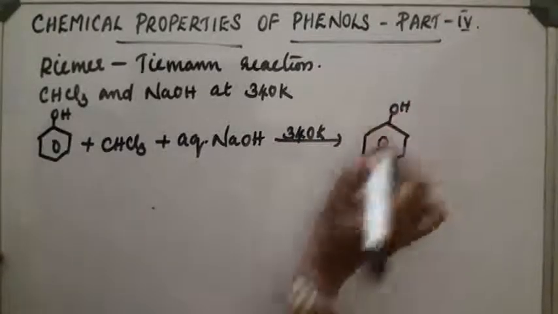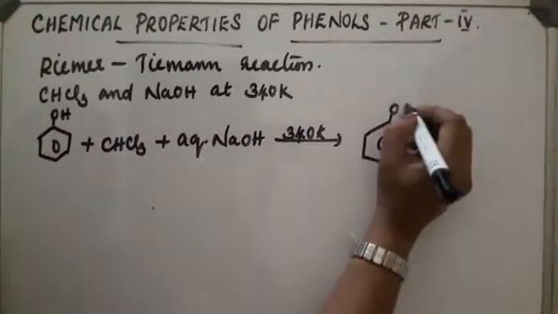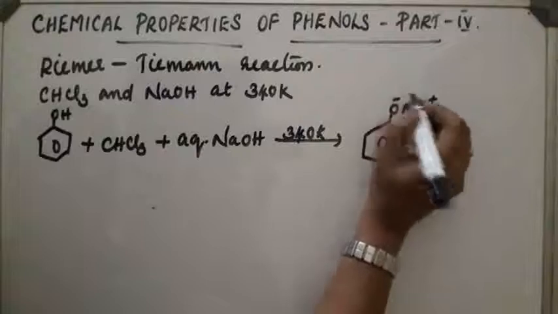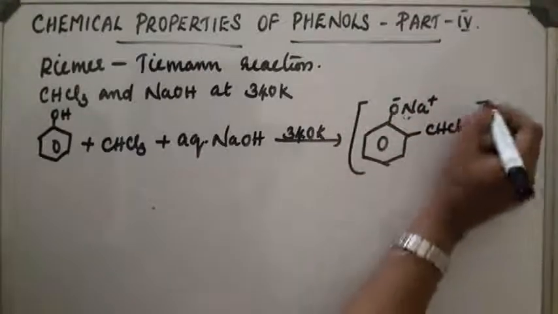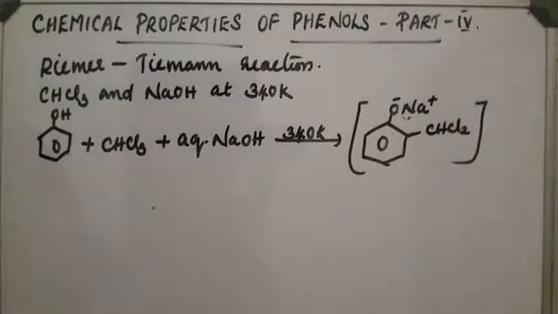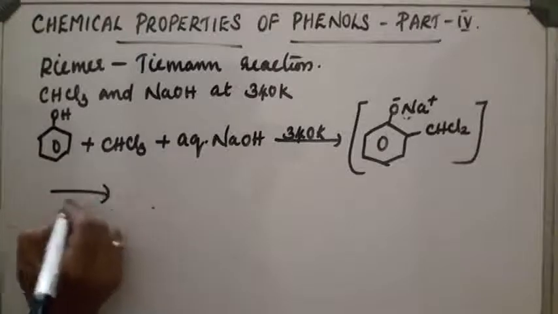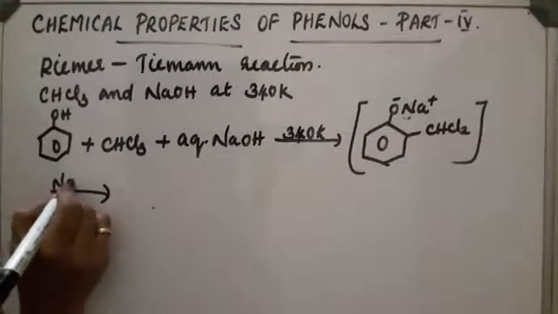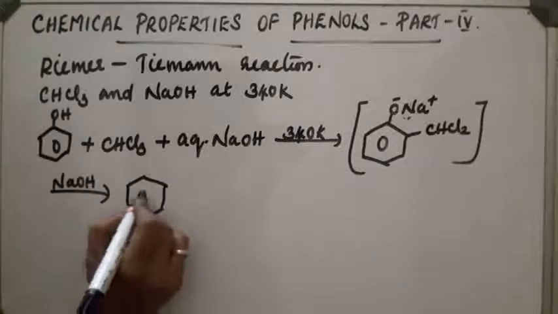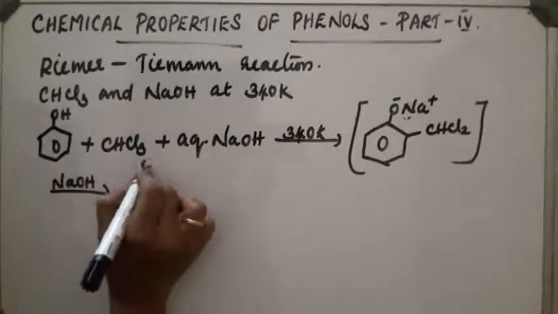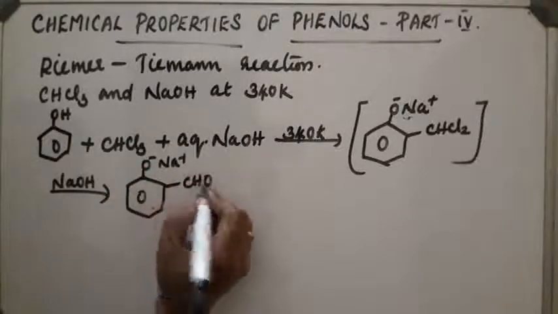First, an intermediate compound will be obtained, ONa plus CHCl2. This then reacts with NaOH. This will be the product.